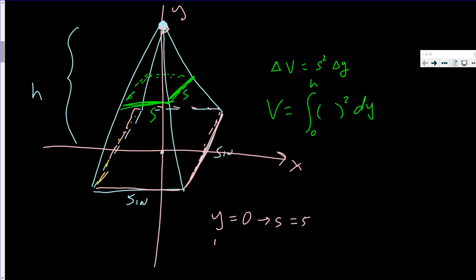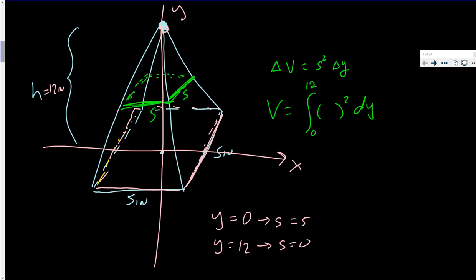And y is equal to h, and let's say h is 12 inches. So I'm going to make one change here. I'm going to go from 0 to 12. Okay, so when y is 12, the sides are 0.